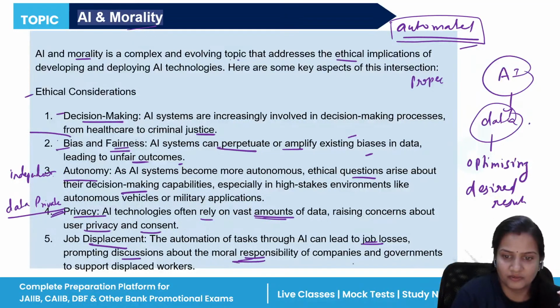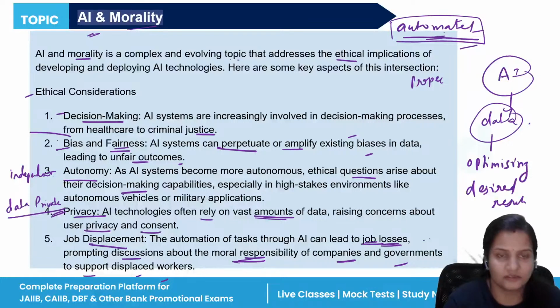It is the moral responsibility of companies and governments to support those displaced workers who have lost their jobs because of AI. Everything is being automated, so soon a time will come when many of them will be facing this kind of problem. So this is AI and morality.